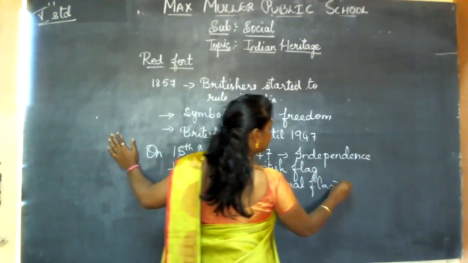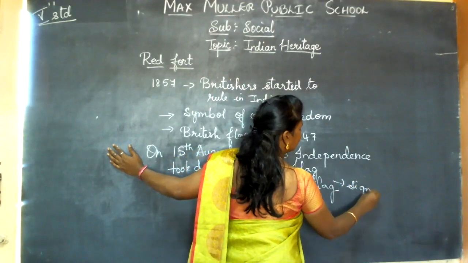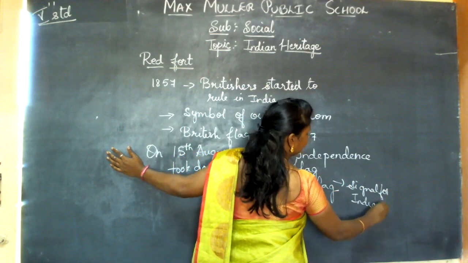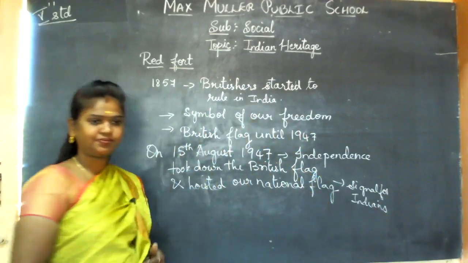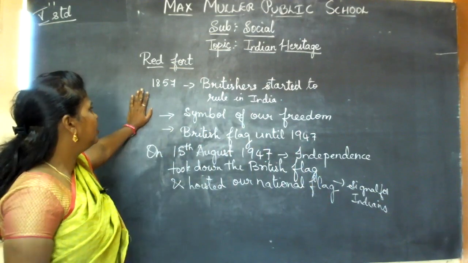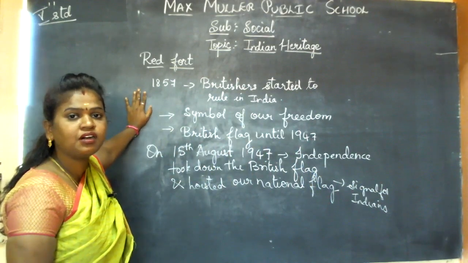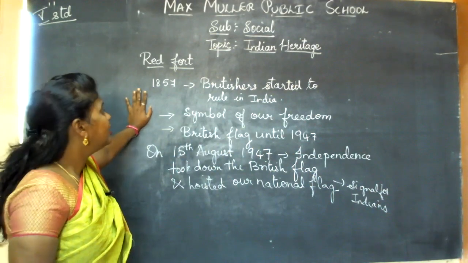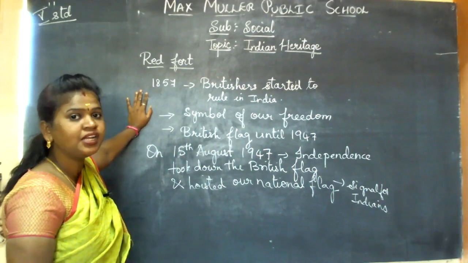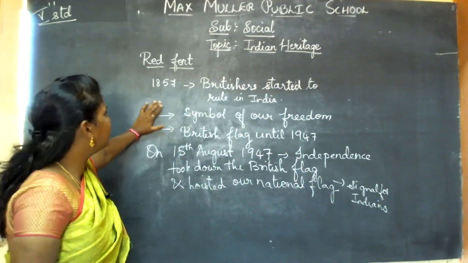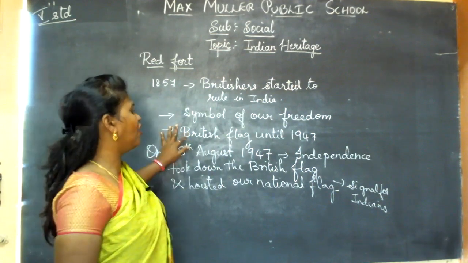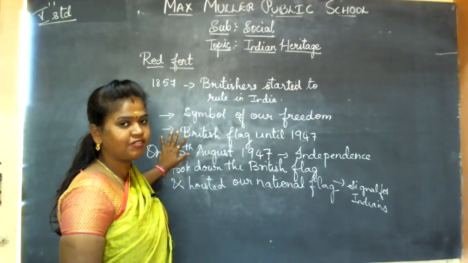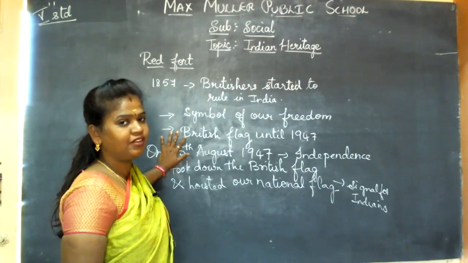It was a signal for Indians. Okay, I will just tell you. The Mughal emperors were there before 1857. After 1857, the Britishers started to rule over India, and at Red Fort they hoisted their flag until 14th August 1947.